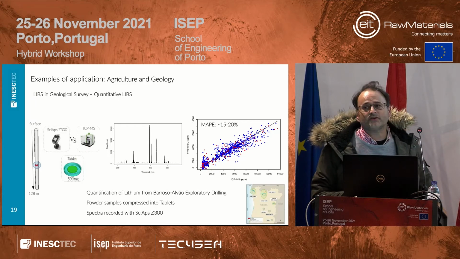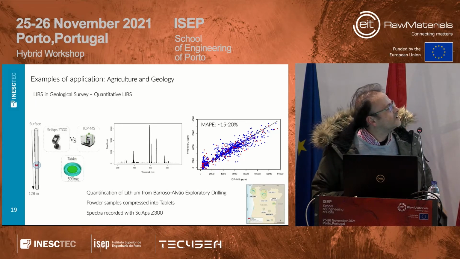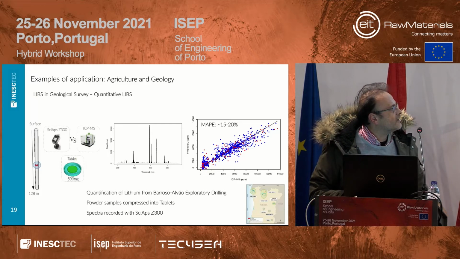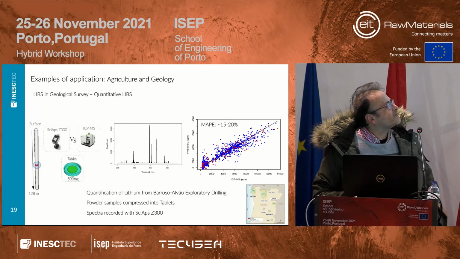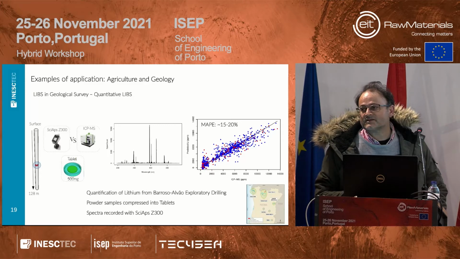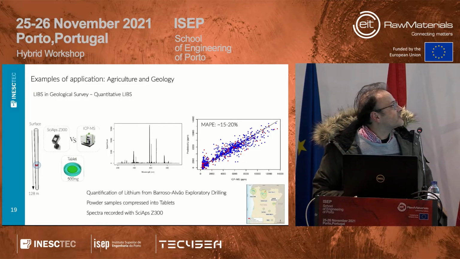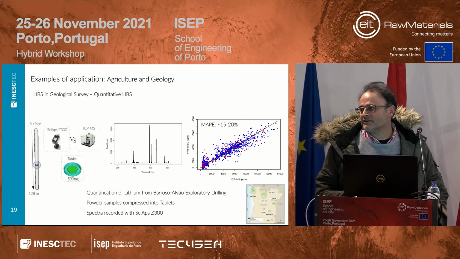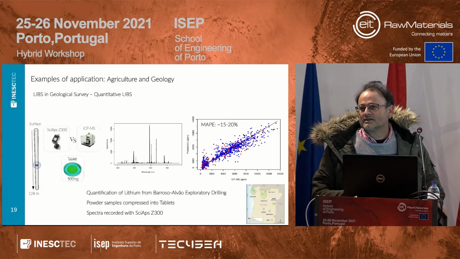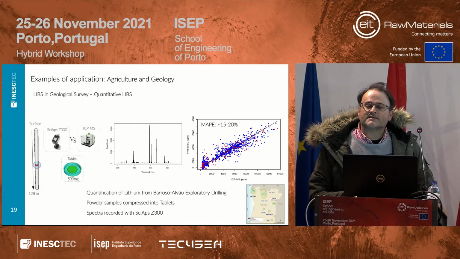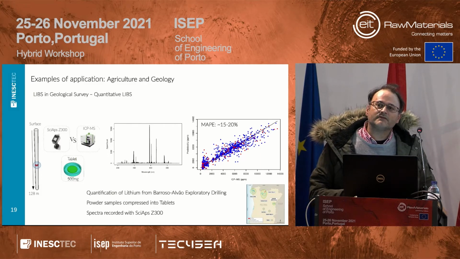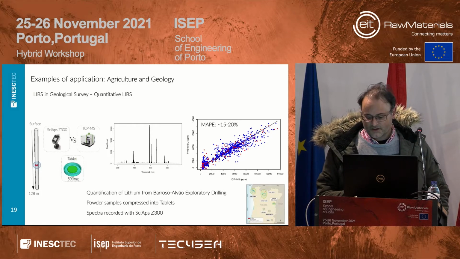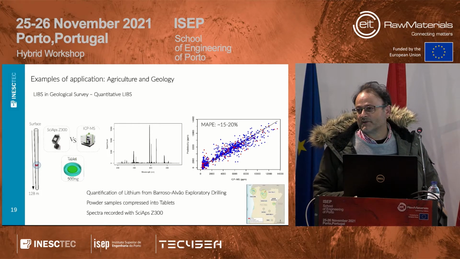And these quantities were used to supervise a quantification model, a first quantification model, with data augmentation techniques that allowed us to obtain a 15 to 20%. But this means that this equipment in this kind of samples is not only capable of classifying samples, but of giving a semi-quantitative and qualitative quantification of lithium, which is very important for prospection.